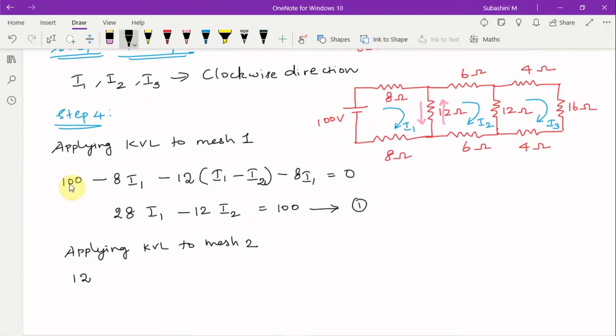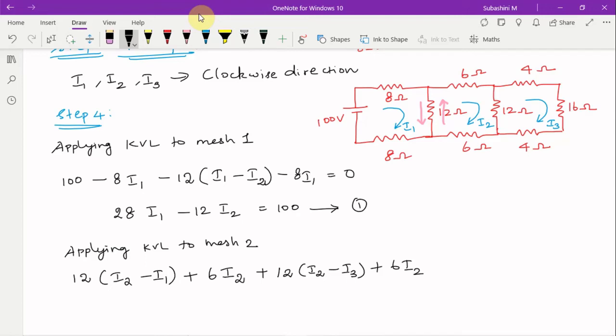First 12 into, so when we are considering the second loop, I2 should be higher. Therefore, I2 minus I1. I am writing this, you have to concentrate and look at this. I have written I2 minus I1, 12 into I2 minus I1, and then 6I2 plus 12 into I2 minus I3 plus 6I2.